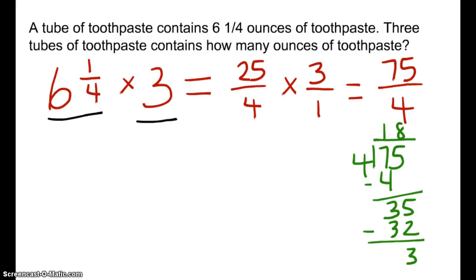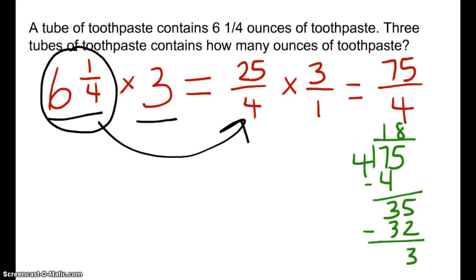And what you're going to do is you're going to change this into an improper fraction. So you're going to do 4 times 6 plus 1 is 25. Keep the 4. And then times 3 over 1. And you get 75 divided by 4.